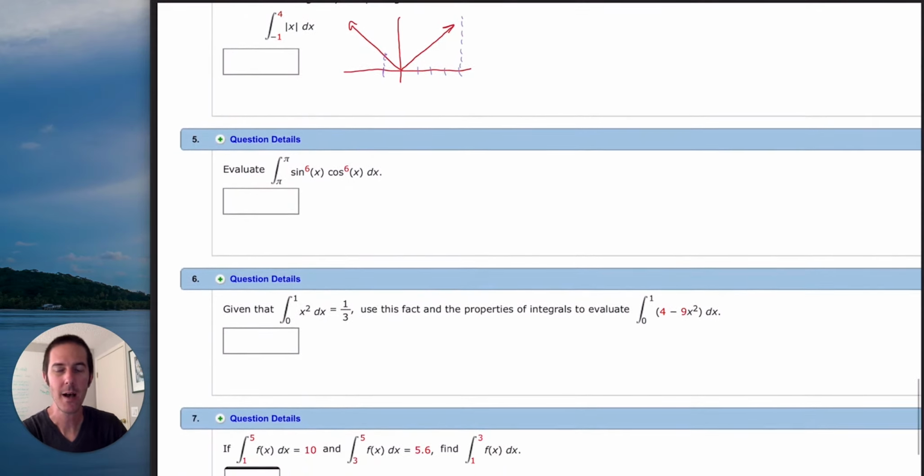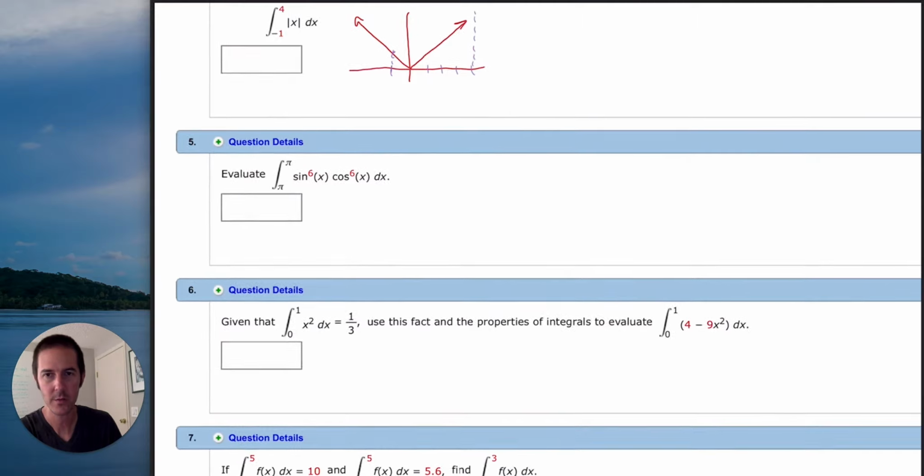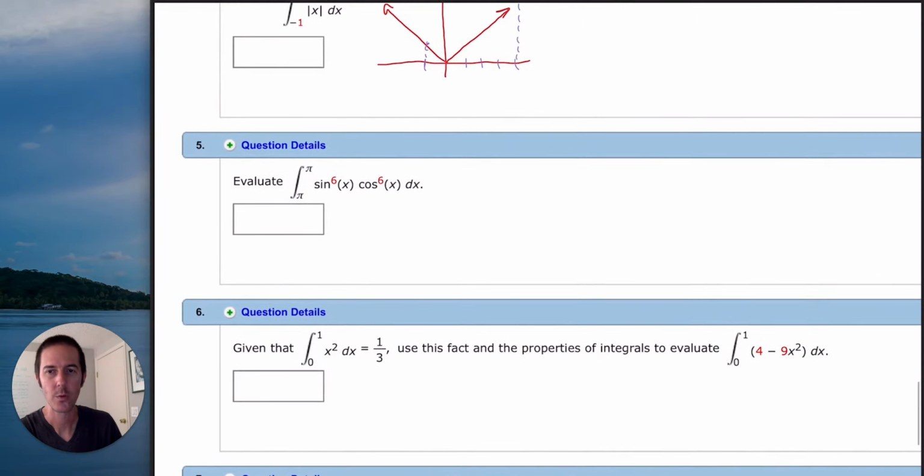Now, number 5 is not a trick question, although I suppose it could be interpreted that way, but this is a phenomenon that we saw in the notes for this section in 5.2, and we thought, when in the world is that ever going to come up? Well, here it's coming up just as an isolated question.